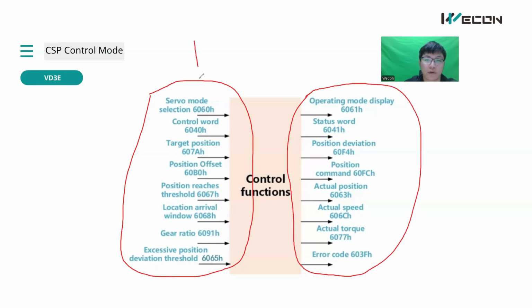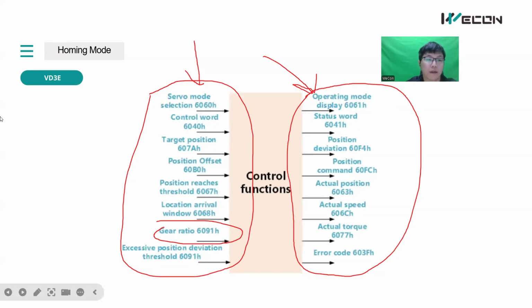We need to configure these parameters in our master, in our controller: control word, target position, and gear ratio, and also some other parameters. And this is for homing mode. It will also have some required input and output parameters.